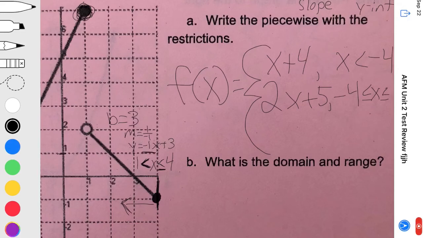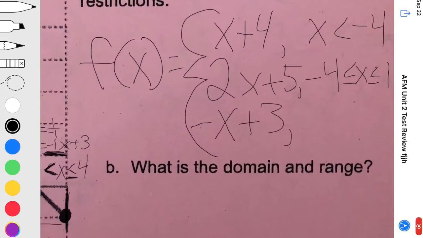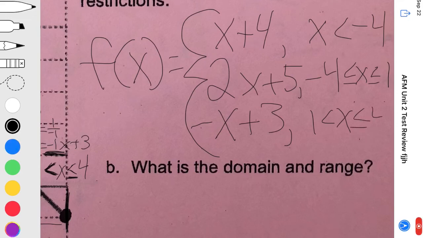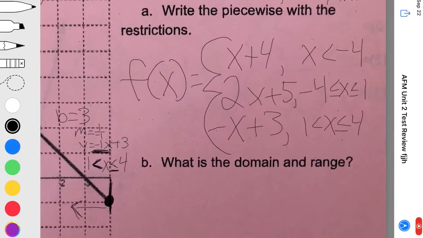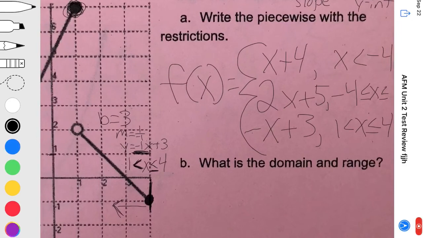Negative 1x as my first part of my third step. Do not have to put the 1, but I do have to put the negative. And then I've got 1 is less than x, less than or equal to 4. So there is my piecewise.